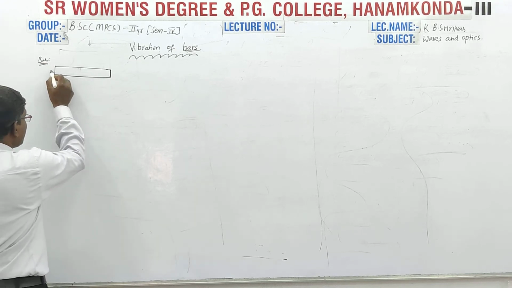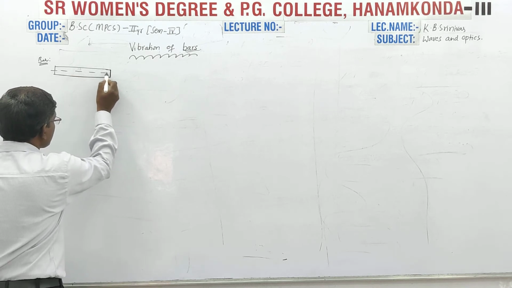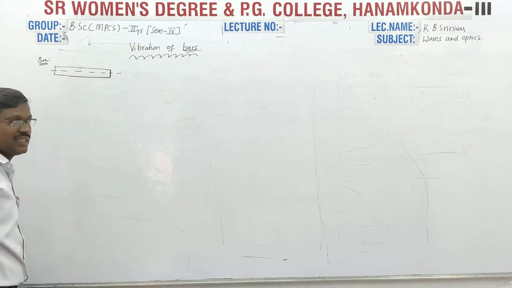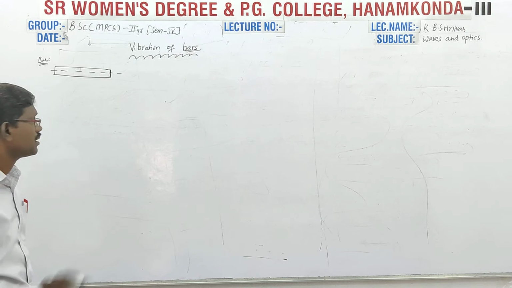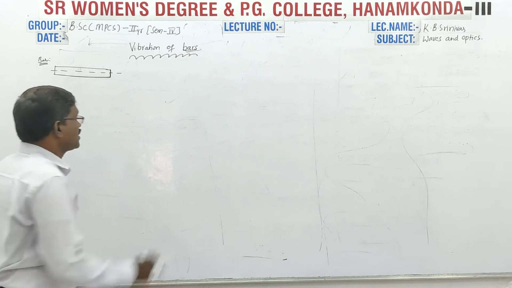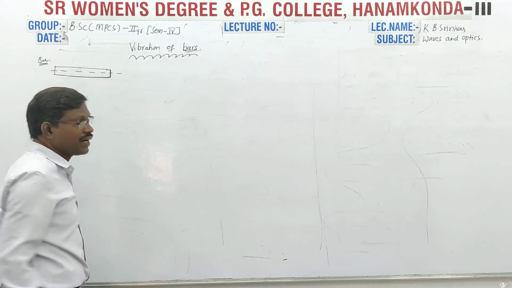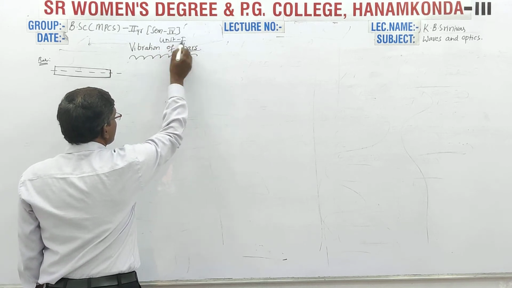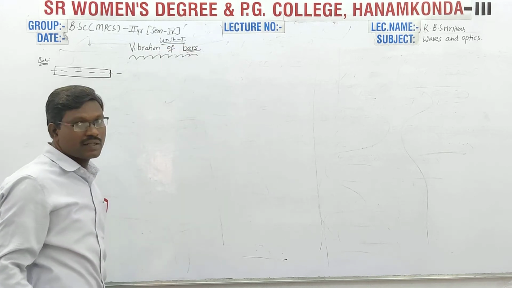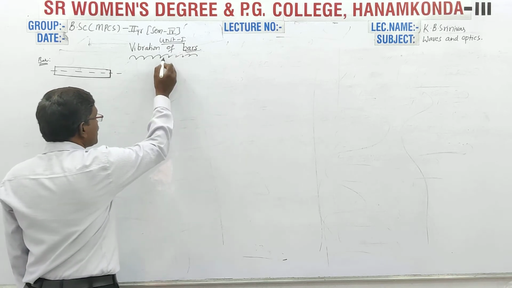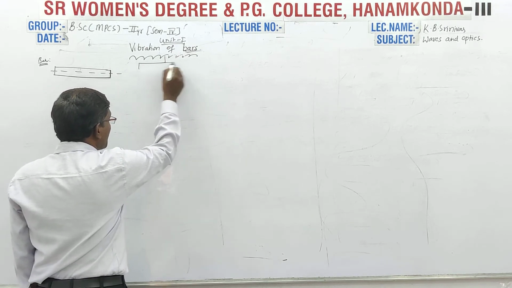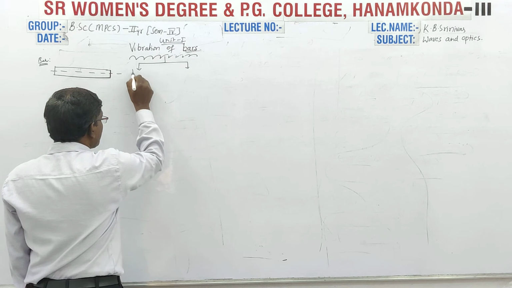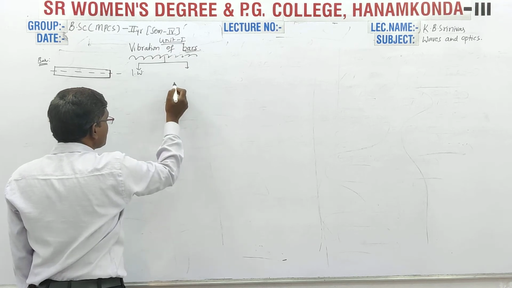This is the axis of the bar. This is about the bar. The second part of unit 1, that is bars, is again divided into 2 parts. First part is about longitudinal waves.